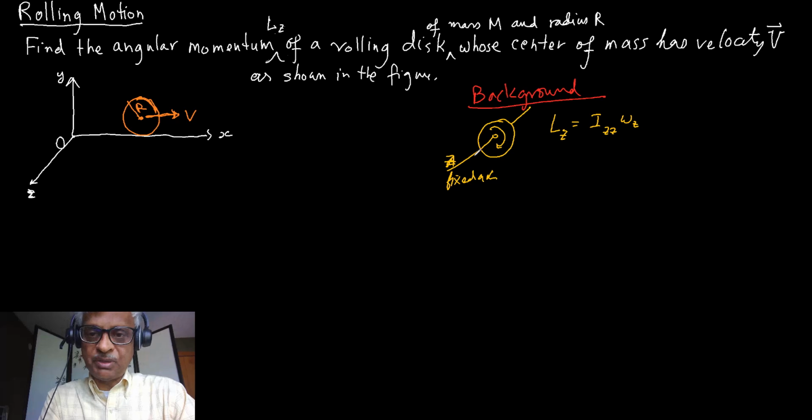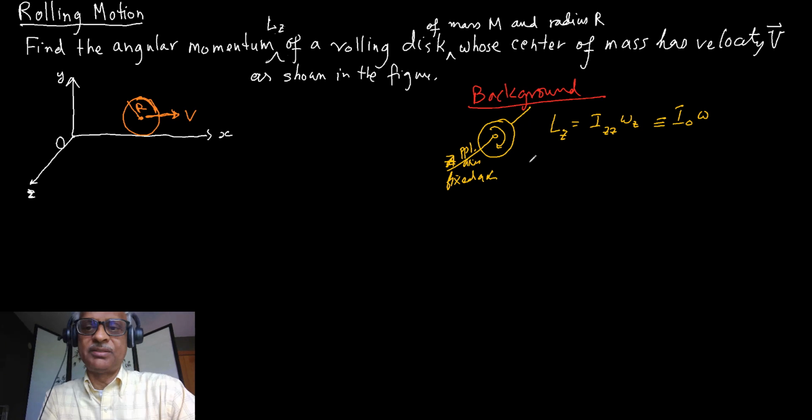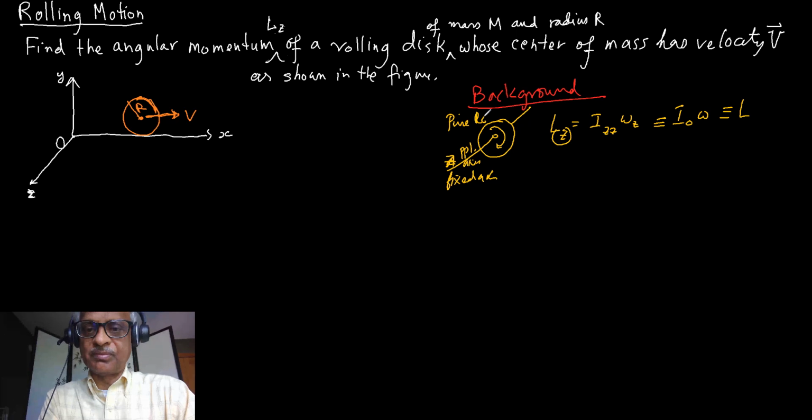This is one of the principal axes. It's rotating about that, and sometimes it's simply written as I0 omega. You just write L instead of doing all of this extra stuff. So this is the pure rotation about a principal axis.